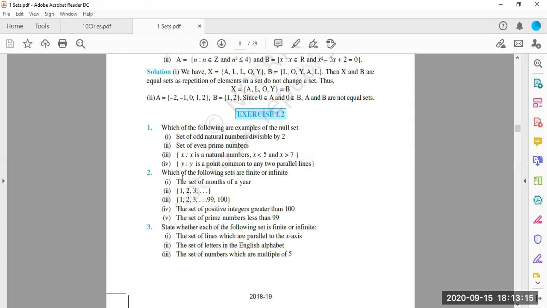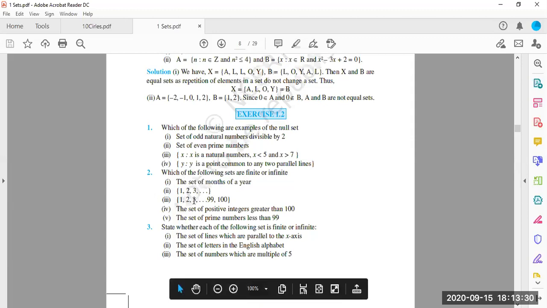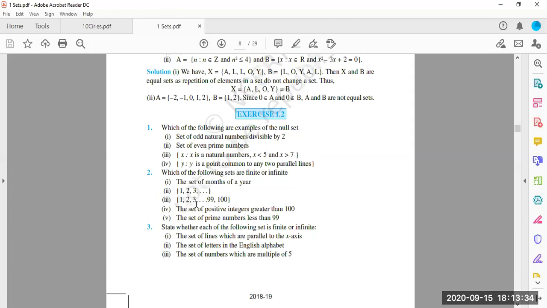Which of the following sets are finite or infinite? First, the set of months of a year. Finite. Second one is infinite. Third one? Finite, because it has dots, but after the dots there are finite numbers.